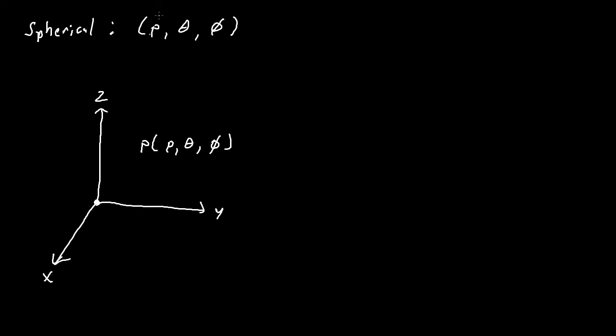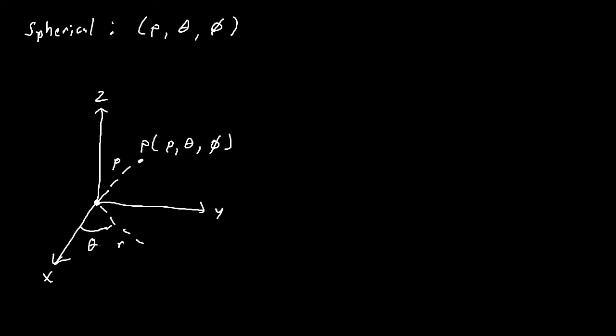Now rho is going to be the distance from the origin to the point P. Theta, now the good thing is in cylindrical and spherical, both of them, theta is going to have the same meaning. So theta is going to be the angle from the positive x-axis to r, the radius, like in cylindrical coordinates, and so r is going to be right below rho. So r and rho are going to be right above and below each other.